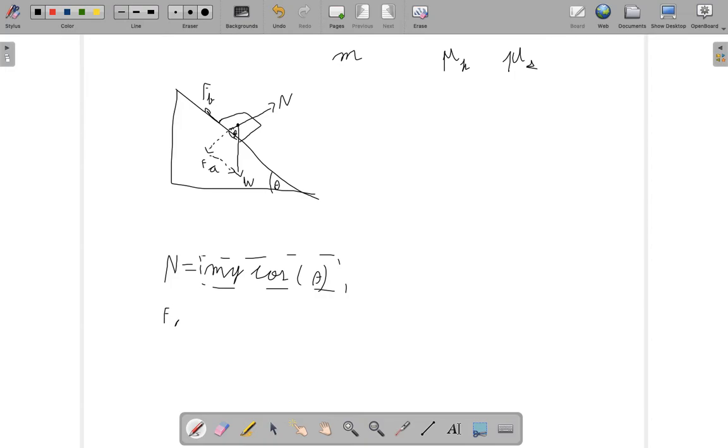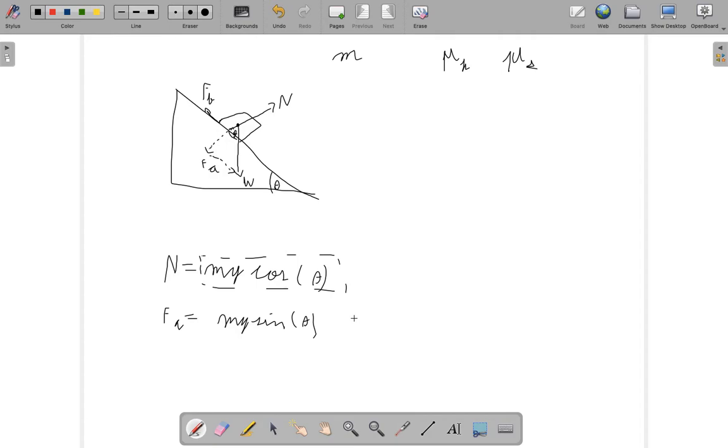So our FA will be equal to mg sine of theta. So now if this was a frictionless ramp, we just say, okay, there's a force of mg sine theta that's acting downwards. So if you were, let's say, to find the acceleration of this block that's going down, you just get rid of the mass, and g sine theta is your acceleration down the ramp.